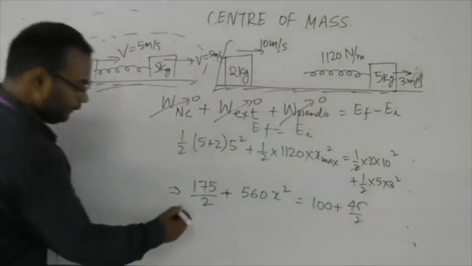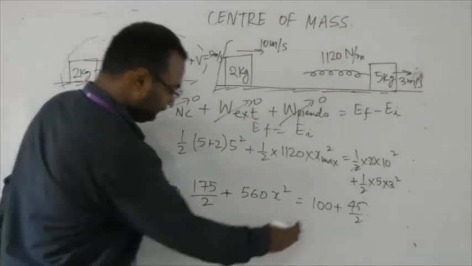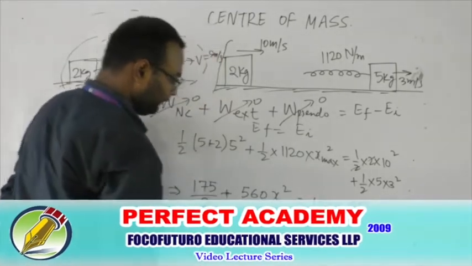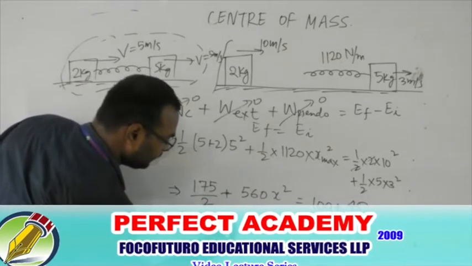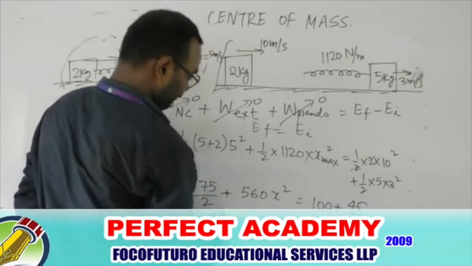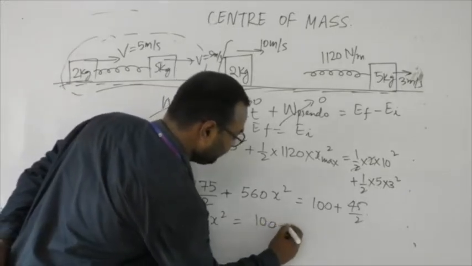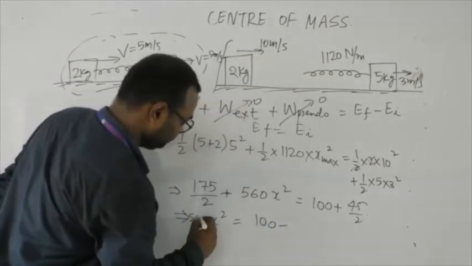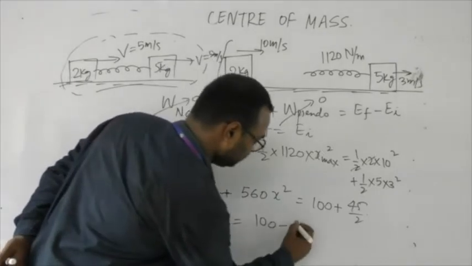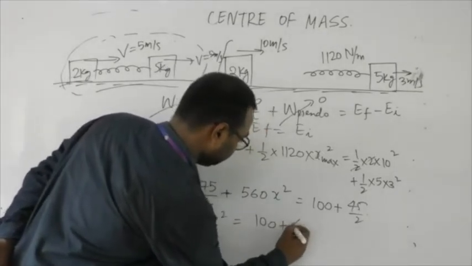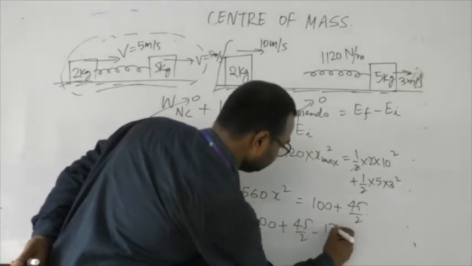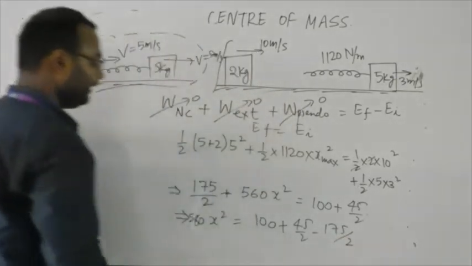On solving this you will get 100 plus 45 by 2, so x square equals 100 minus 175 by 2 over 560.